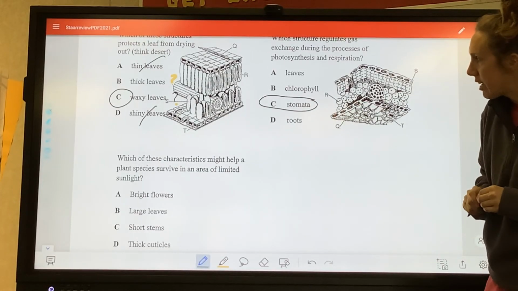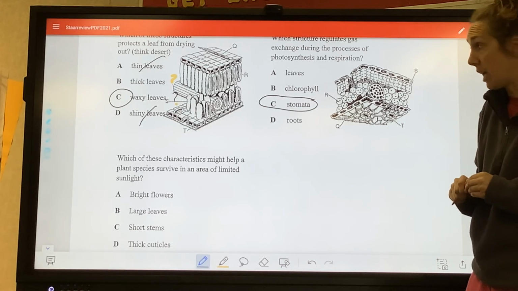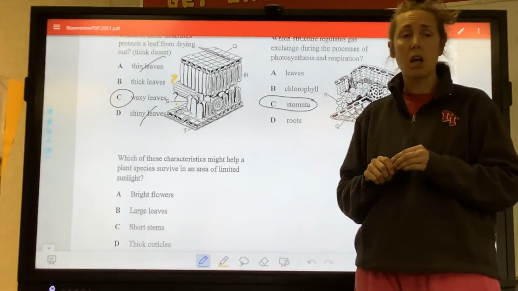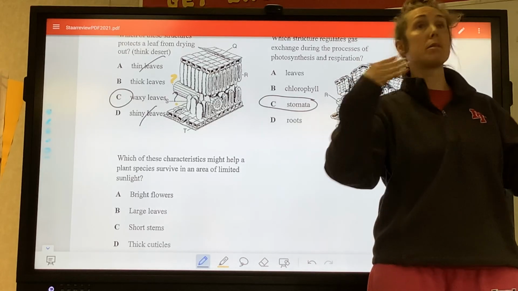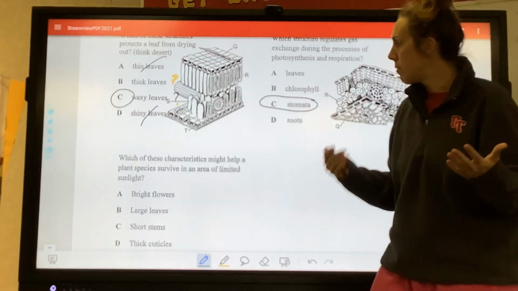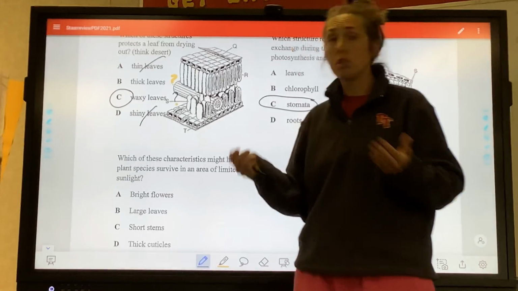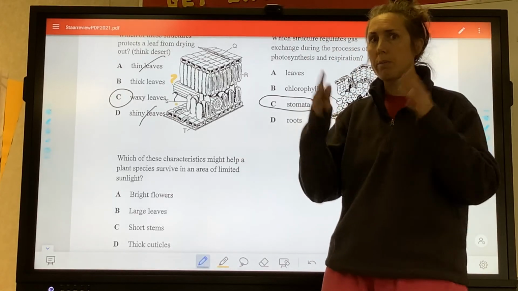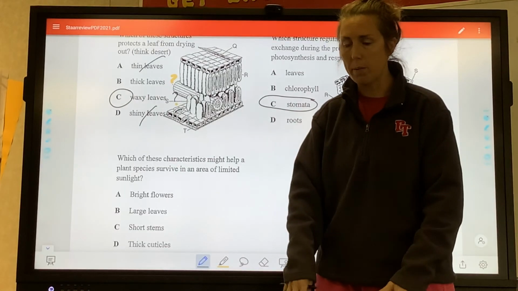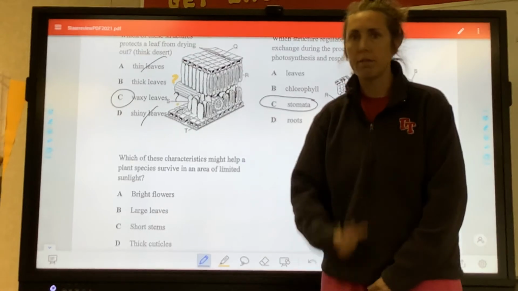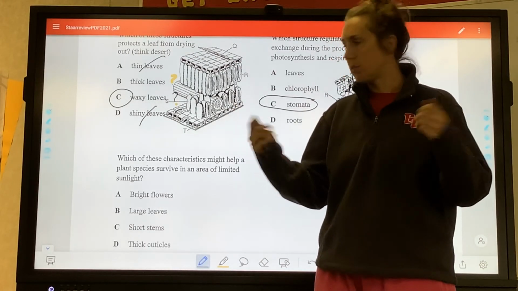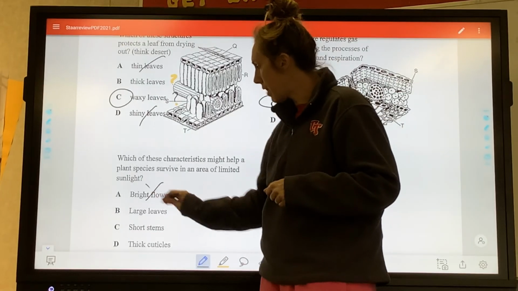Okay, which of these characteristics might help a plant species survive in an area of limited sunlight? Okay, so if there's not a lot of sun, you want to try to grab as much as possible. Flowers, and it has to do with your leaves, right? Because your flowers are for reproductive structures, your roots are for absorbing, your stem is your xylem and phloem, okay? So it's your leaves. You don't care about bright flowers.